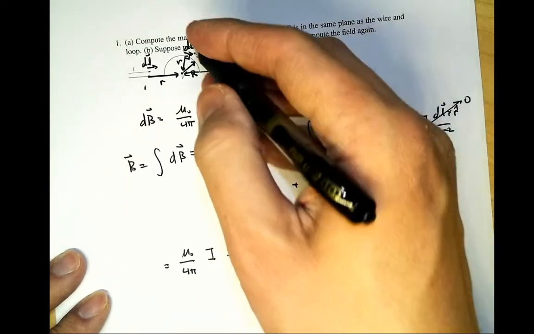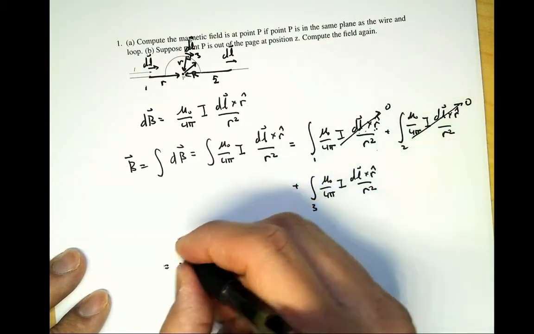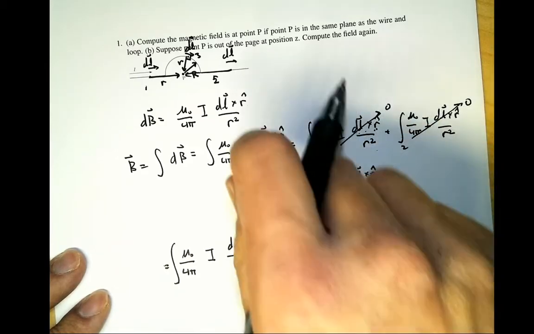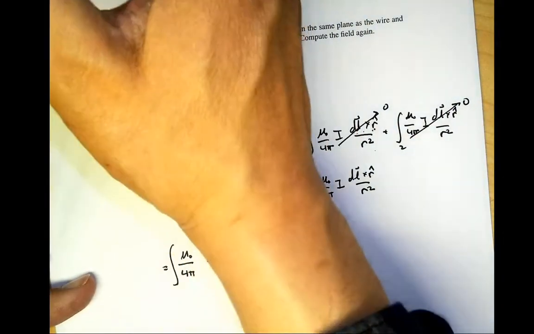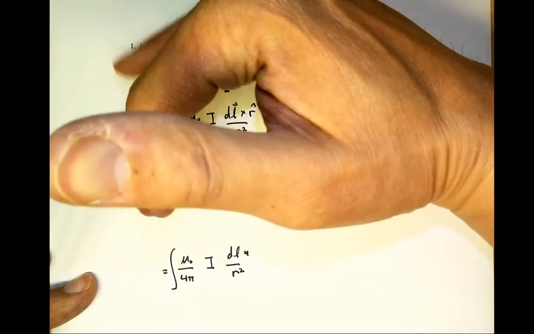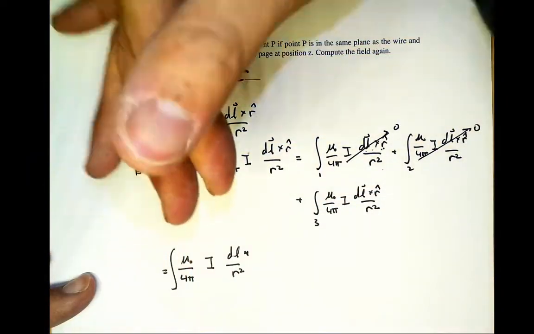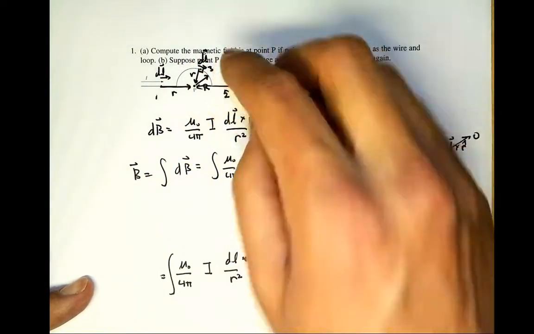Now, I want to get the direction here. I will use my right hand rule. Take your thumb, point along the dl direction. Take your fingers and point them along the r direction. So you can see it's going to point straight into the page. My hand is very hard to maneuver in that position.